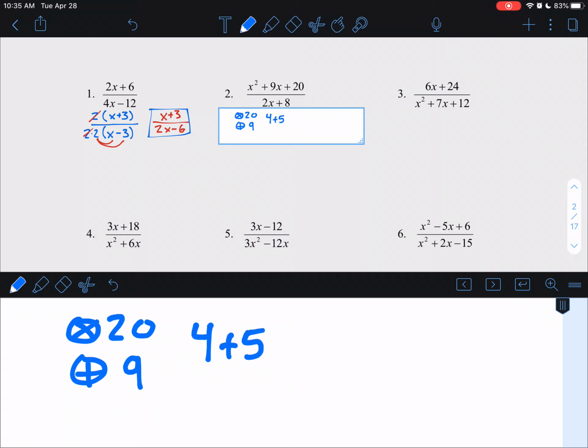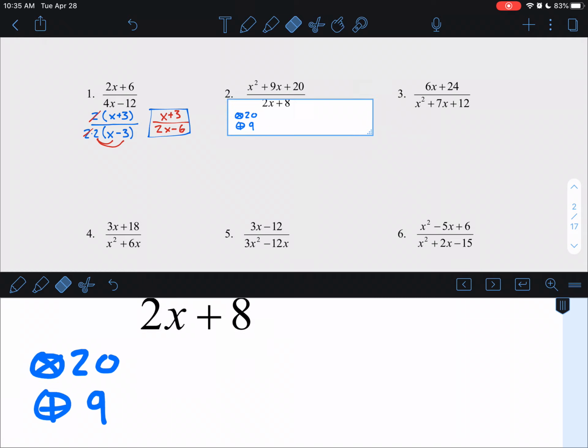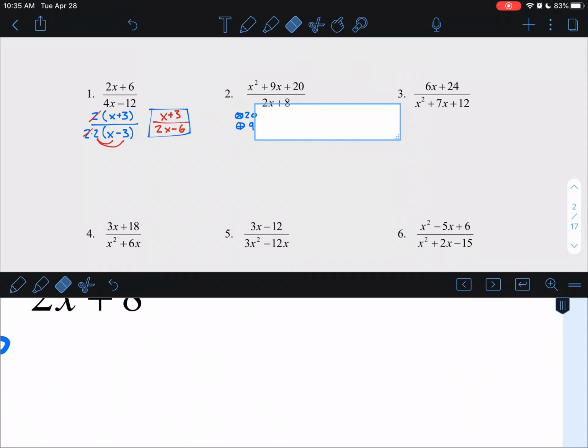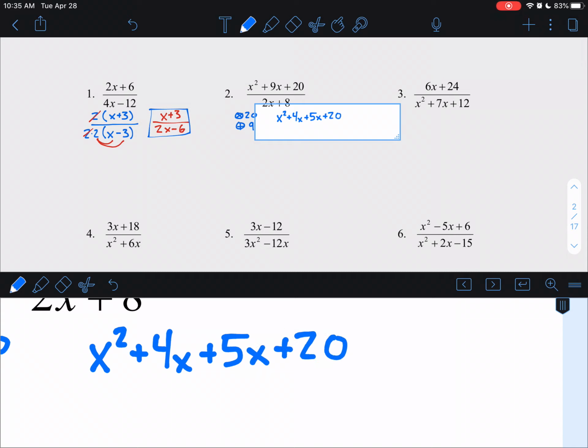So I'm going to take that 4 and 5. And I'll actually just erase that real quick. And I'm going to take this x squared plus 9x plus 20 and use that 4 and 5 in it. So now I got x squared plus 4x plus 5x plus 20.